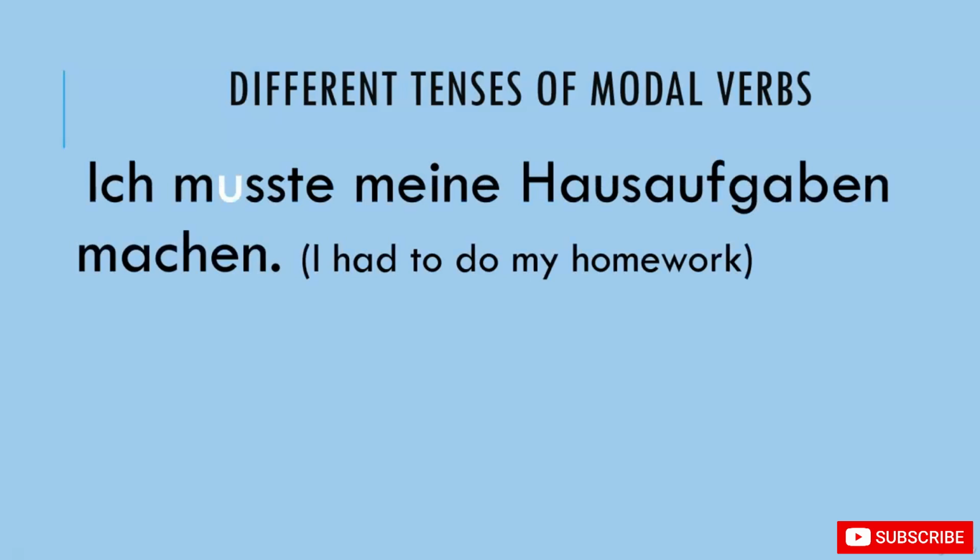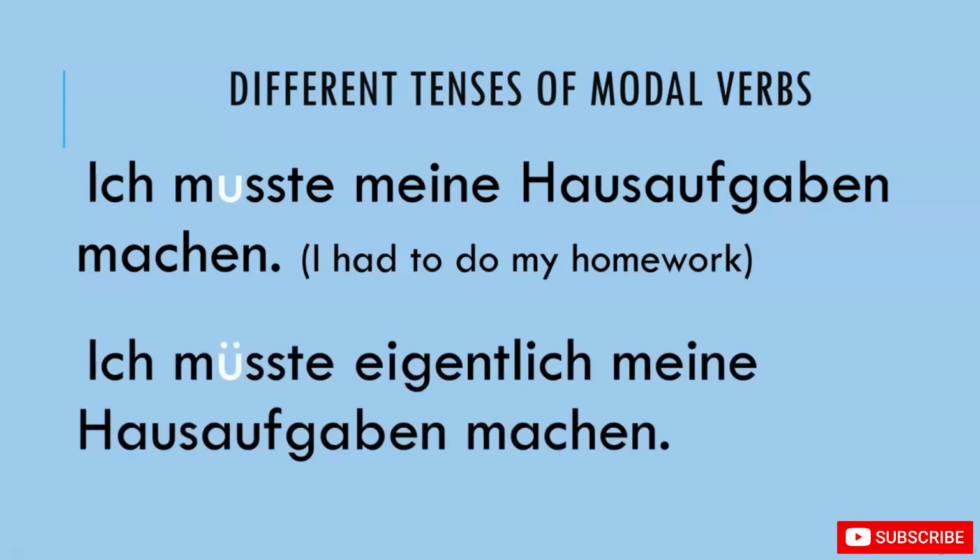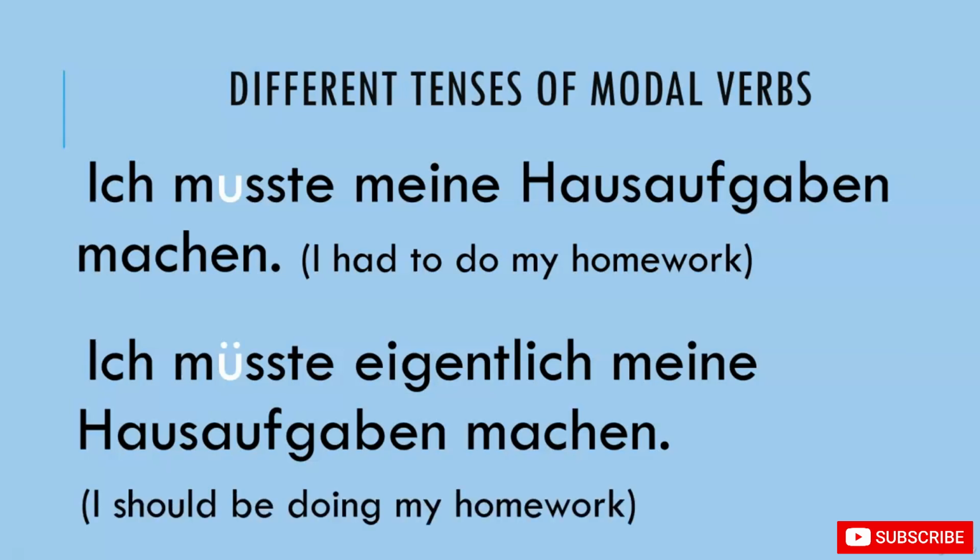Ich musste meine Hausaufgaben machen. I had to do my homework. Ich müsste eigentlich meine Hausaufgaben machen. I should be doing my homework, but I'm not sure if I can be bothered. Not quite the same, is it?